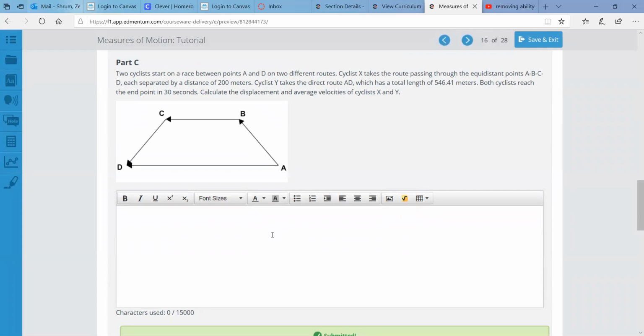Two cyclists start a race between point A and D on two different routes. Cyclist X takes the route passing through equidistant points A, B, C, D. So bam, bam, bam for cyclist X. And then cyclist Y takes the AD route.